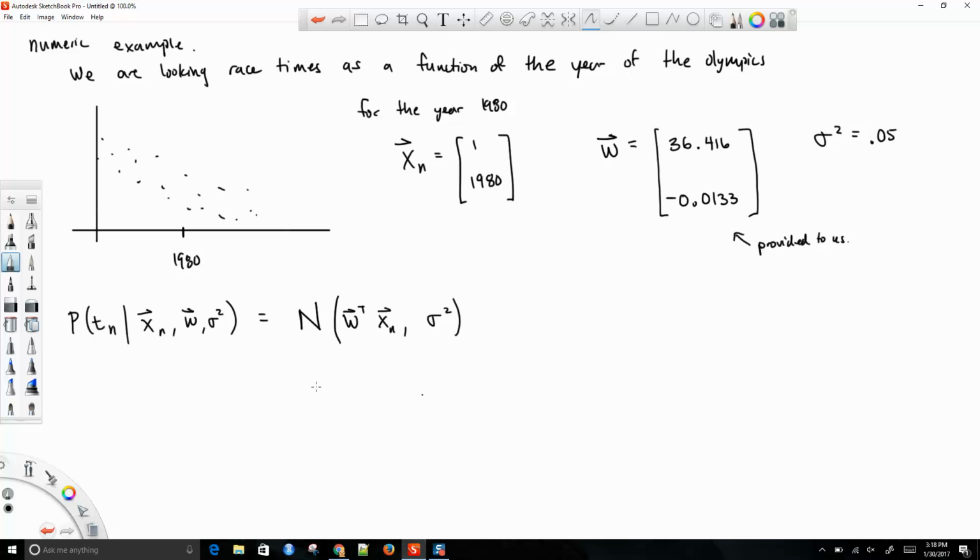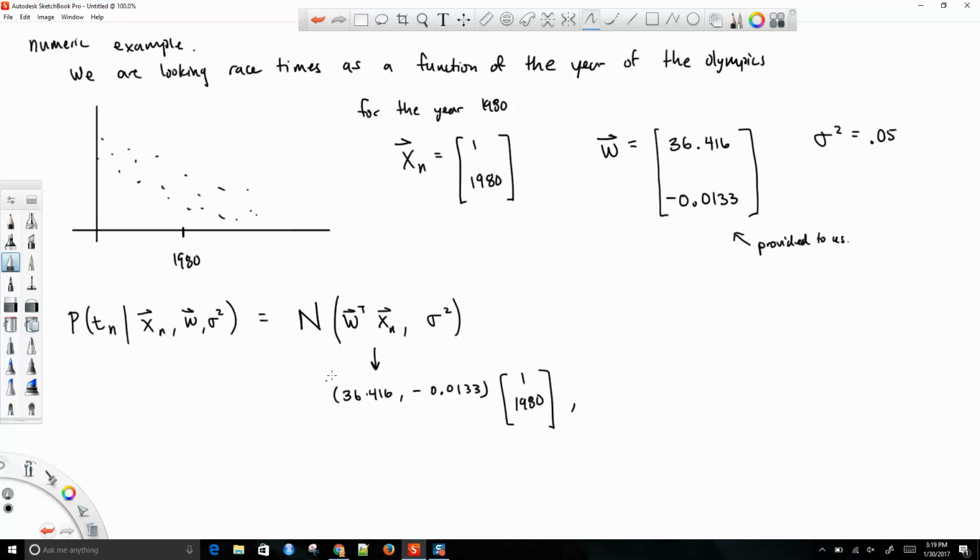This part becomes w transpose, so 36.416, negative 0.0133, times 1980.